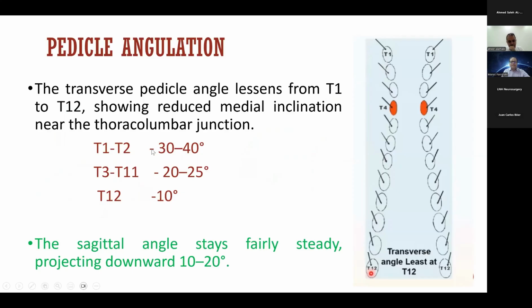So it's easy to remember that the angulation is more in the upper thoracic and it is less, or like lumbar, in the lower thoracic. So that is how you remember while planning the angulation, or if you do not have navigation, then one has to anatomically think of the angulation and place the screws.